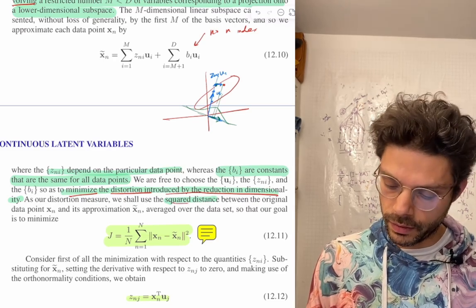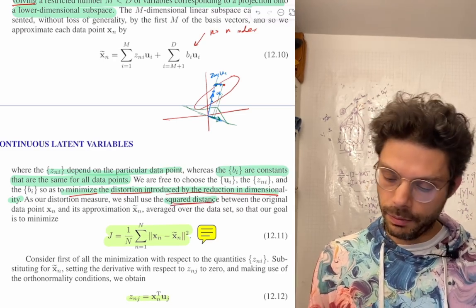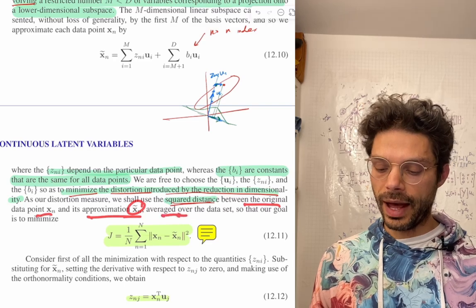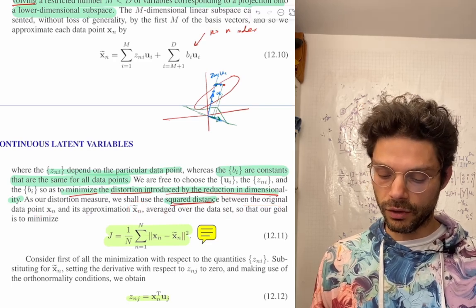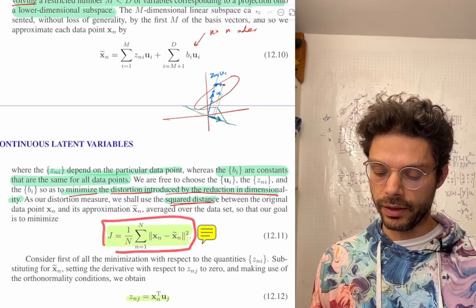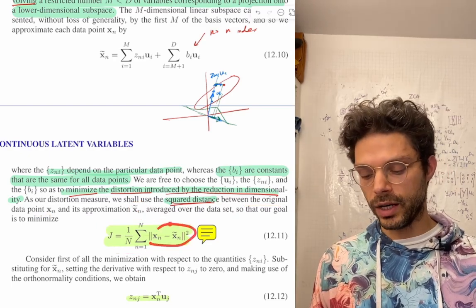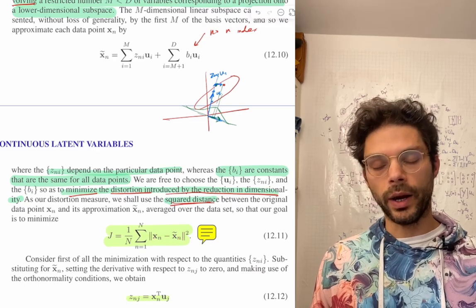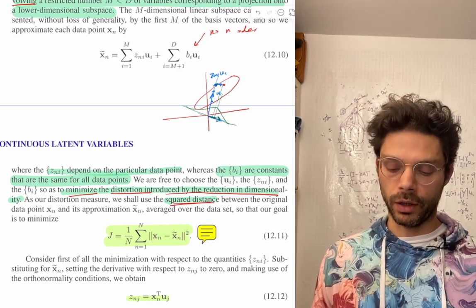That's important. Between the original data point and its approximation x_n tilde, averaged over the data set, so that our goal is to minimize this thing. This is important, right? We're just adding up the squared difference between x_n and its approximation, and then averaging over all of our data points.